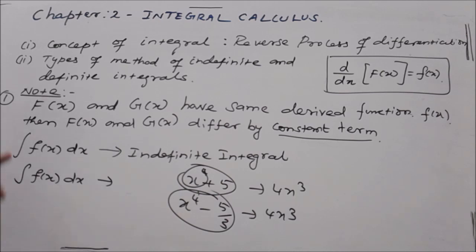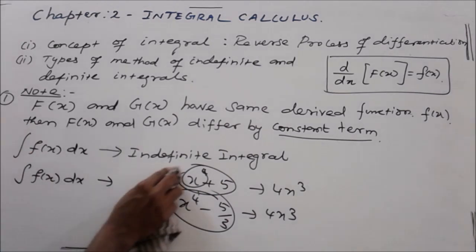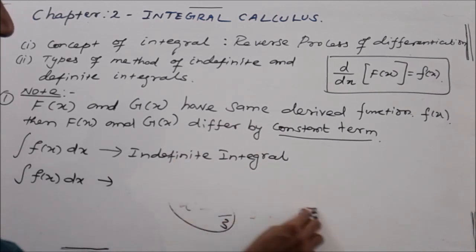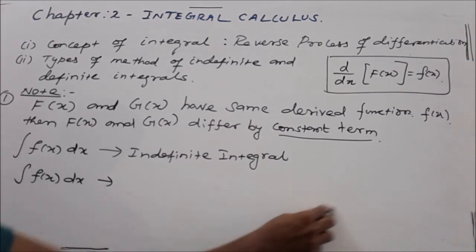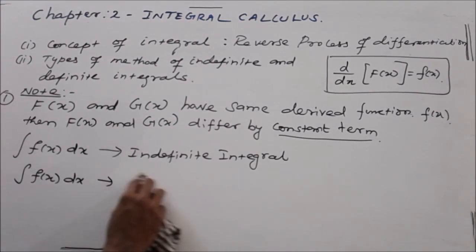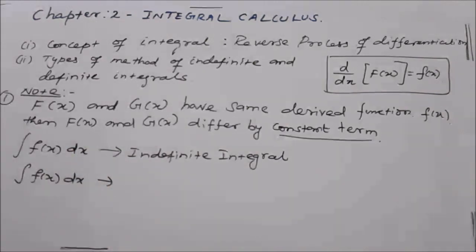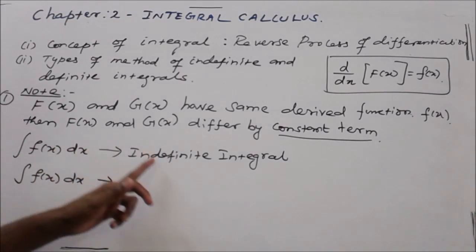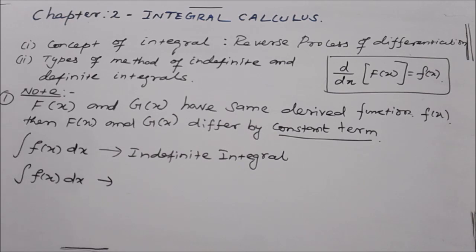The second one: this integral f of x dx is known as an indefinite integral, because we are not working between any limits. So this is indefinitely approaching the values. Therefore, integral f of x dx is known as an indefinite integral.